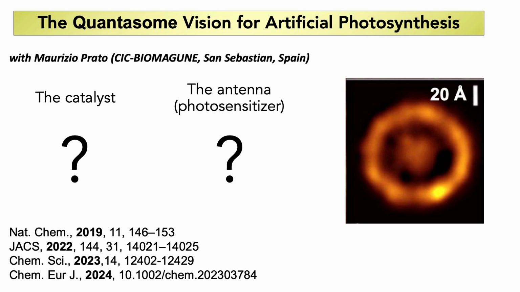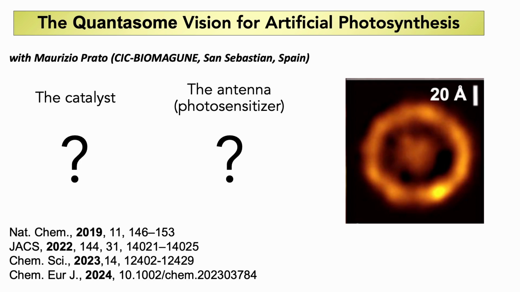So in the artificial environment, in our lab, how can we design a quantasome version of this kind of natural system? Well, we teamed up with Maurizio Prato in Biomagune in San Sebastian, and we were reasoning that we have a catalyst for water oxidation.